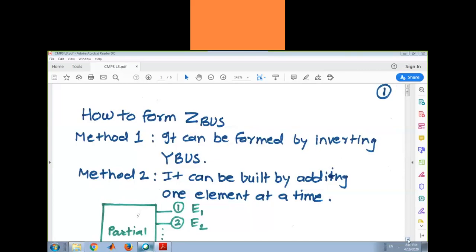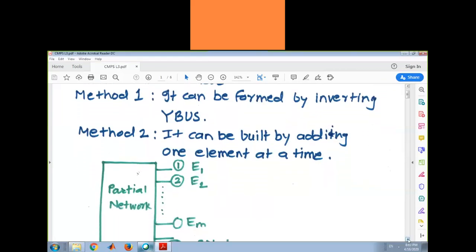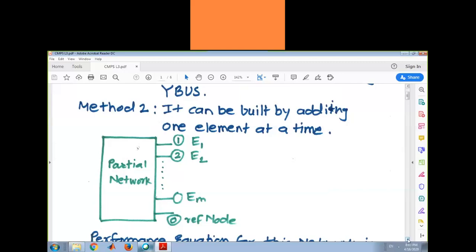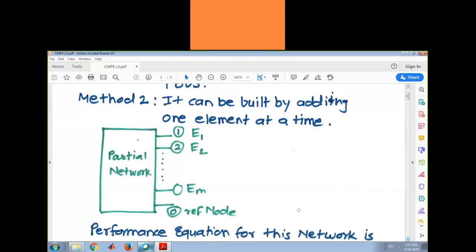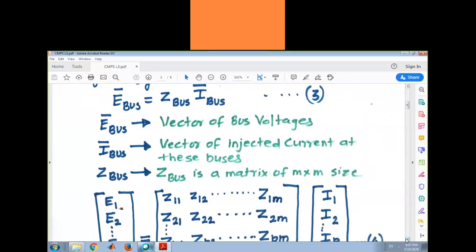So the second method assumes that there is already a partial network available, and its Z-bus is also available. The partial network has M nodes, E1, E2, E3, E4, En, with a reference node. The performance equation for this partial network is given by E bus equal to Z bus into I bus, where E bus is a vector of bus voltages, I bus is a vector of injected currents, and Z bus is a matrix.